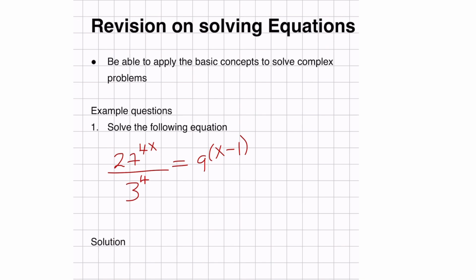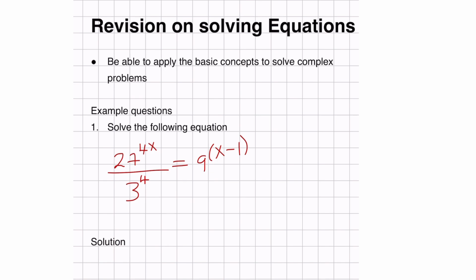As you can see, this is an equation that is involving indices. For us to be able to solve indices, we must make sure that we have got the same base. The lowest base that we have is 3.